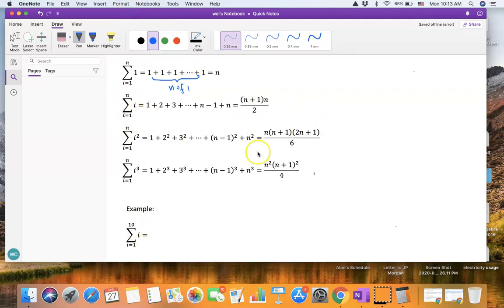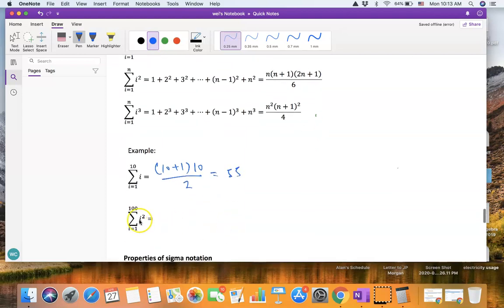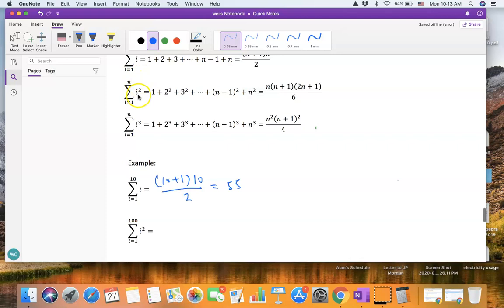Now n equals 10, so we substitute 10 for n into the formula, which gives us 10 times 10 plus 1 over 2. So the answer is 55. For this one, n equals 100. So we have 100 times 100 plus 1 times 200 plus 1 over 6.